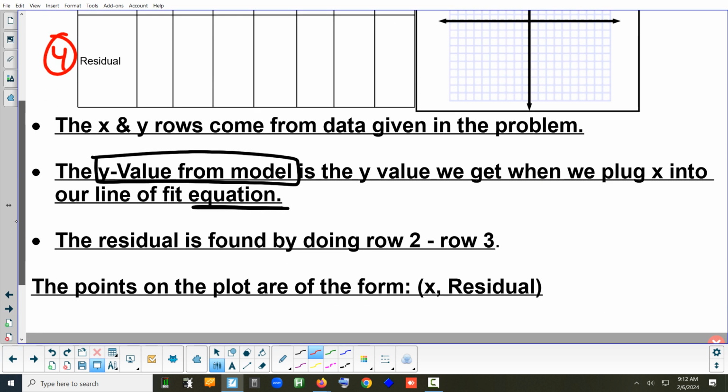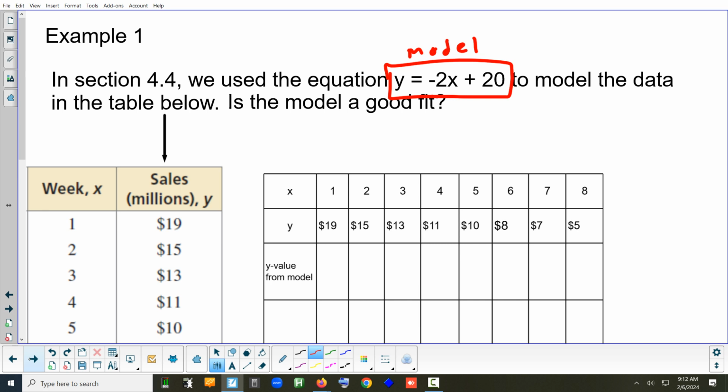So it says, plug x into the equation. Let's do that. What's our first x value in that table? 1. We're going to plug it into the equation, and that's what the model predicts we should get.